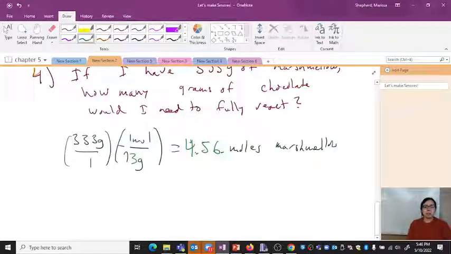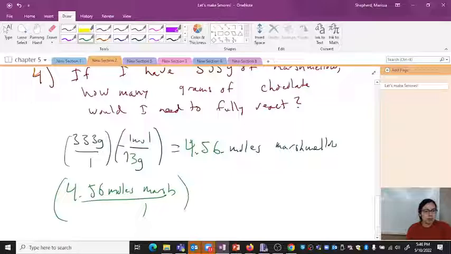And so now what do we do? We have moles of marshmallow. Convert that to moles of chocolate. So good, we could look back at our balanced equation. So set up our dimensional analysis, and you could write this in one big line.